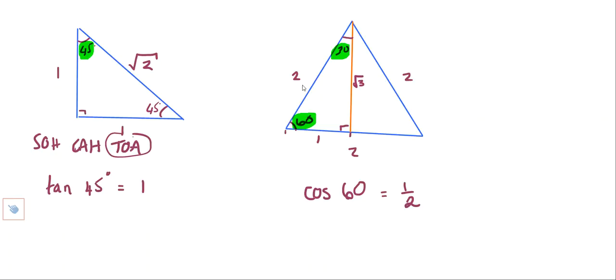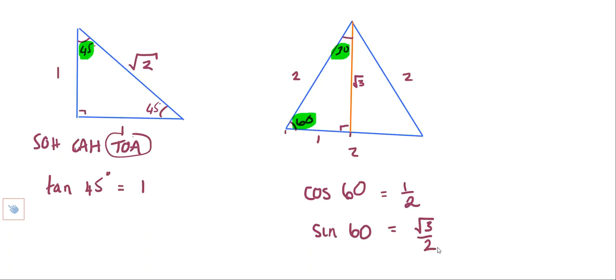Hypotenuse is 2. So what's the sine of 60? 0.866. You've used your calculator. I don't need to. It's actually root 3 over 2.